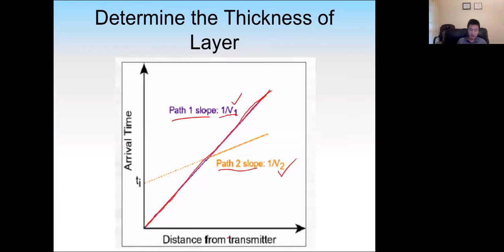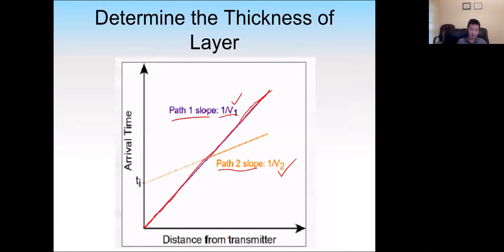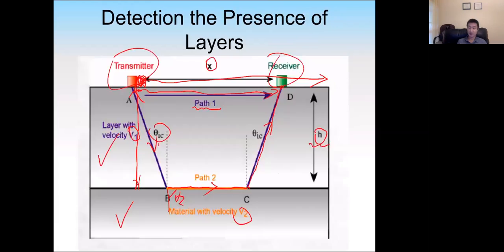But this is path 2. At time 0, which is when the distance between transmitter and receiver is 0, the traveling distance is just going down here and up there. So when the distance is 0, we have an intercept time, ti, which is a function of velocity and the thickness of material 1.